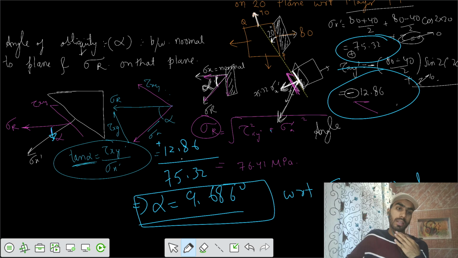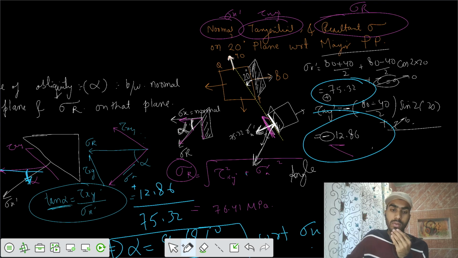If you plot it on this stress element, this is the sigma x, and your stress resultant comes in this fashion.